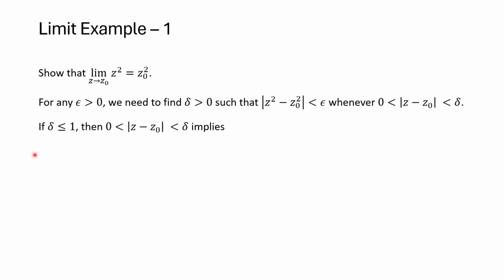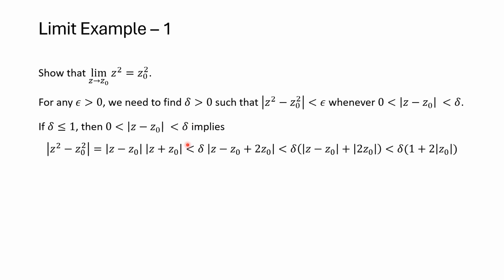So we start by assuming delta is less than or equal to 1, and we have this expression here, z squared minus z sub 0 squared. We can factor that, it equals this product, and then since the modulus of z minus z sub 0 is less than delta, we can just plug that in. So we replace the first term by delta. The second term, you can write z as z minus z sub 0 plus 2z sub 0.